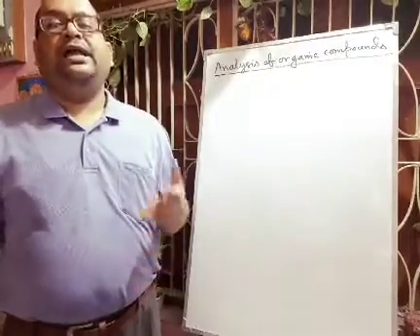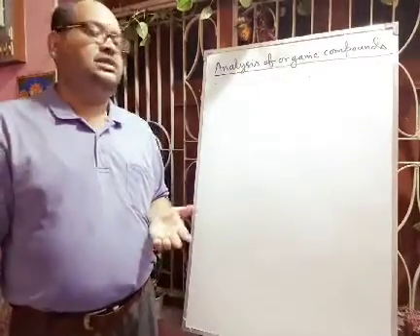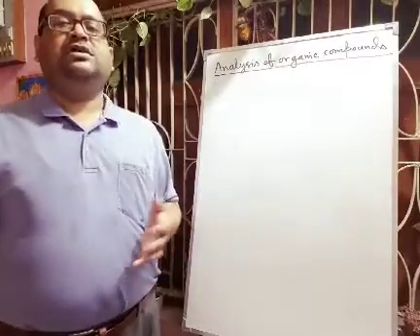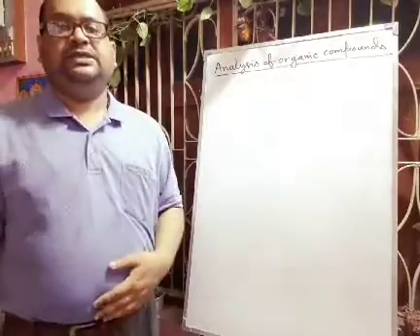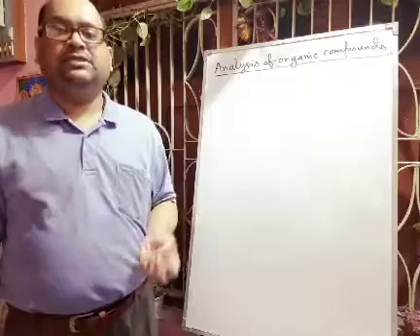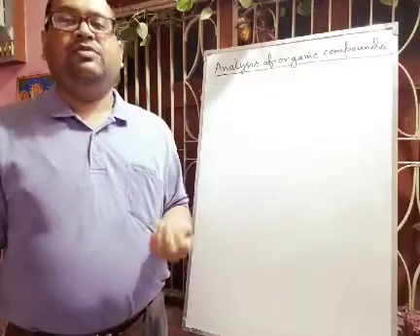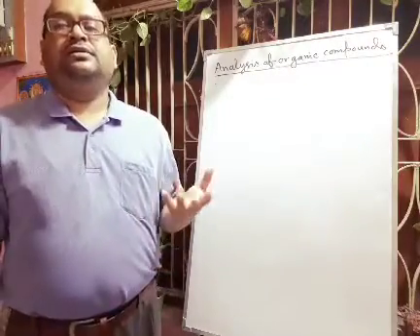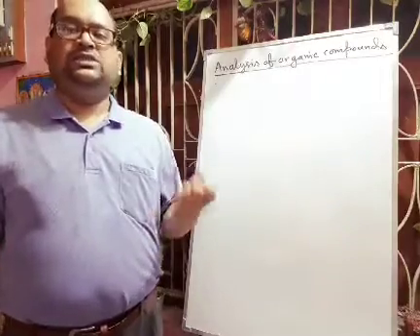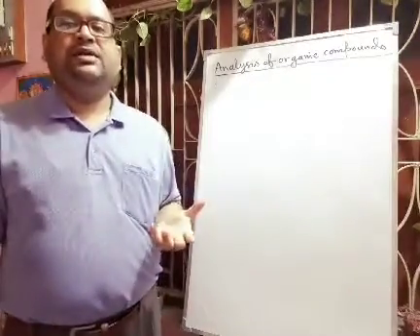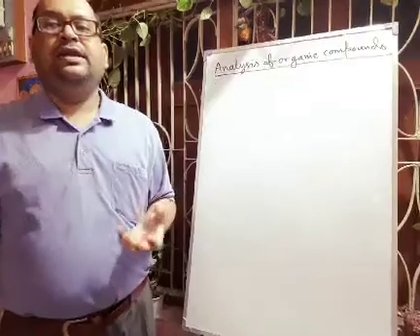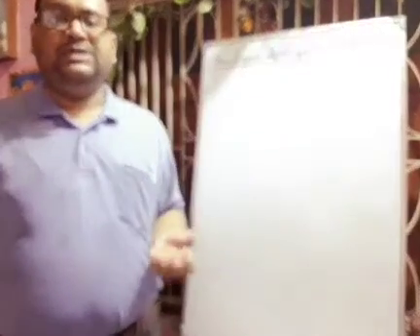Another thing in your syllabus is the metal. Suppose in your compound a metal is present, then you have to take this organic sample in a platinum crucible and heat strongly. If any metal is present, the organic compound burns away and you will get a residue left behind.